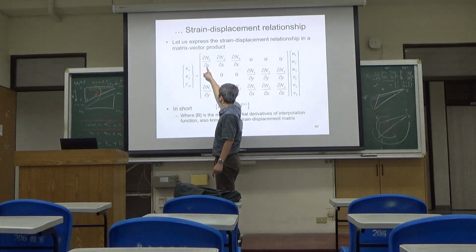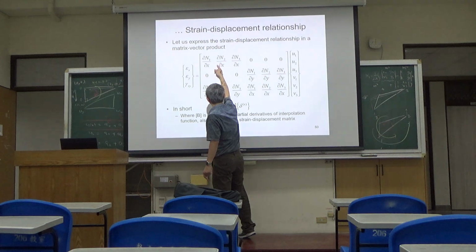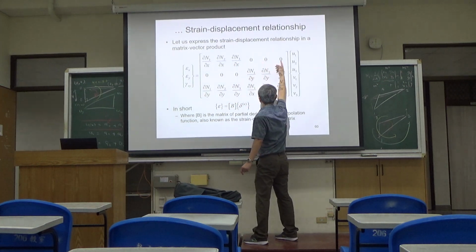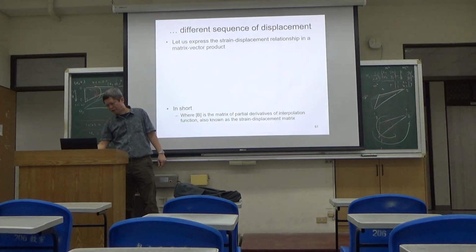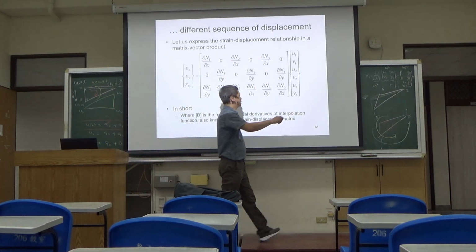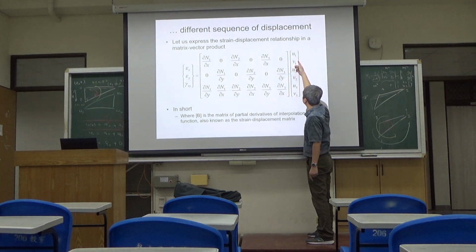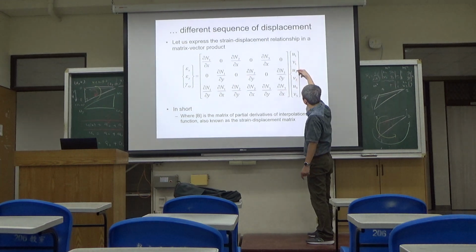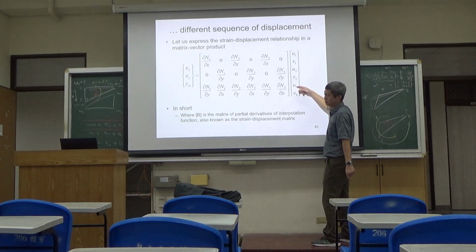So your B matrix has shape function derivative 1, shape function derivative 2, shape function derivative 3, followed by 0, 0, 0. So this is one form. Another form is you take the horizontal displacement followed by the vertical displacement for the same knot, then for knot 2, horizontal and vertical displacement, and then for knot 3, horizontal and vertical displacement.